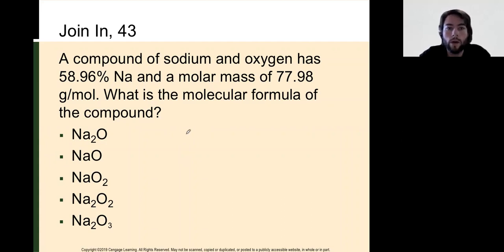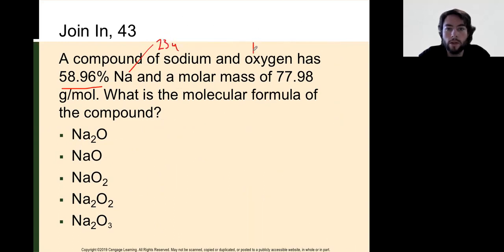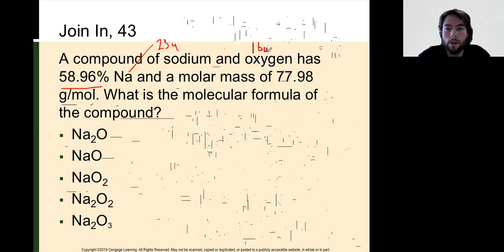Alrighty, so what we've got here is sodium and oxygen. It's 58.96% sodium, which has an RAM of 23 Dalton. Oxygen is of course 16 Dalton.